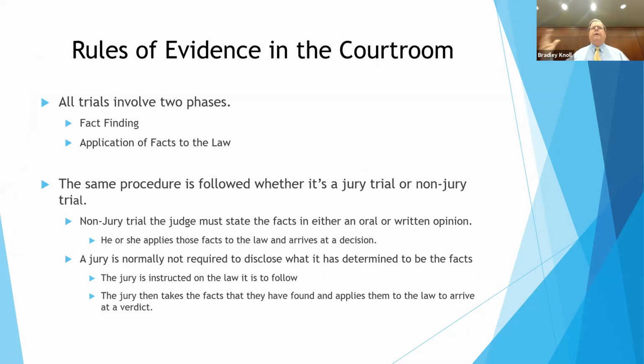And then after all of the evidence has been presented, either the judge will make his findings of fact and apply those facts to the law, or in a jury situation, the judge will instruct the jury as to what the law is, tell them that they are the sole determinants of the facts, and whatever facts they decide on and the law that's involved, that's how the verdict is arrived at.